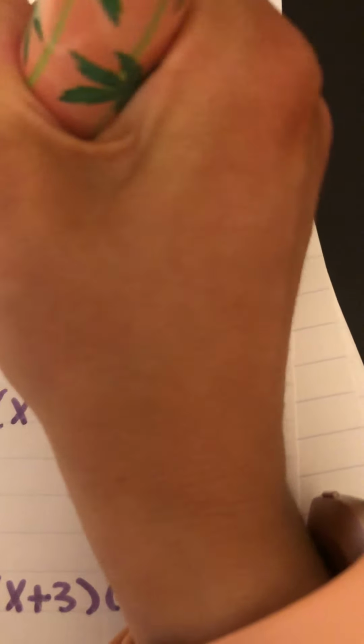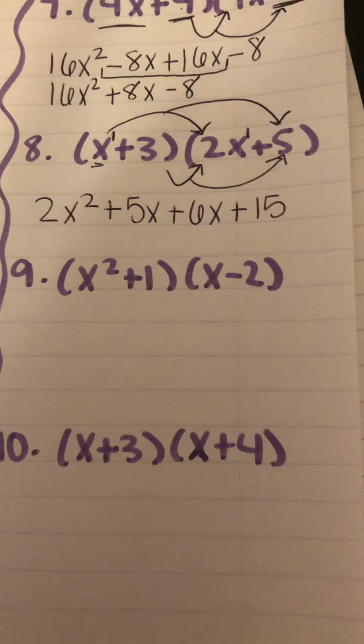And then x times 5 is going to give me 5x's. 3 times 2x's, 3 times 2 is 6, but I do have an x involved. And then 3 times 5 is going to give me positive 15.